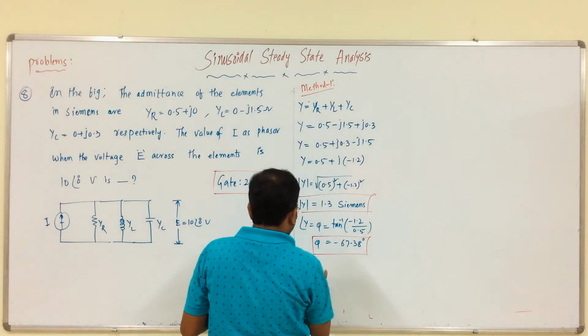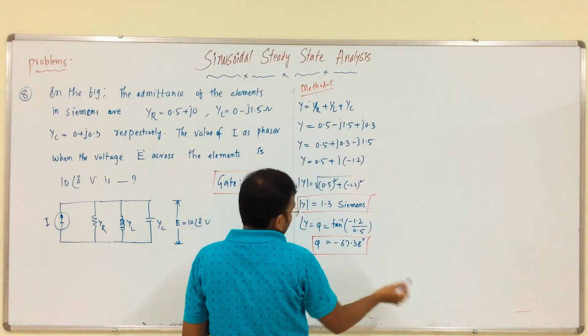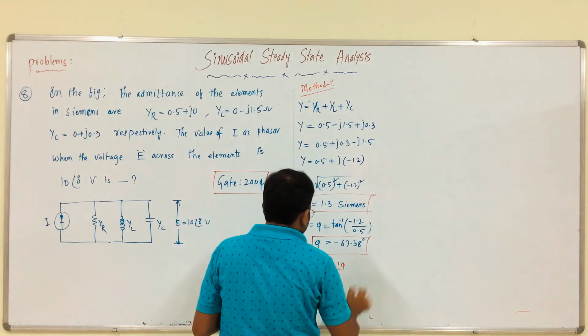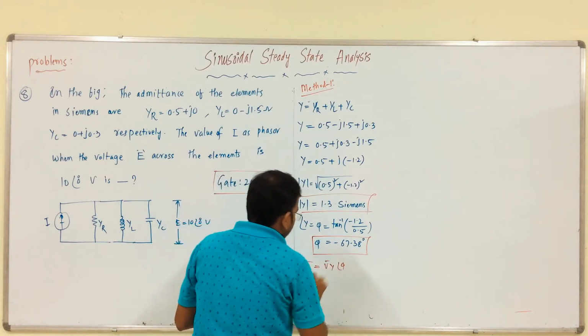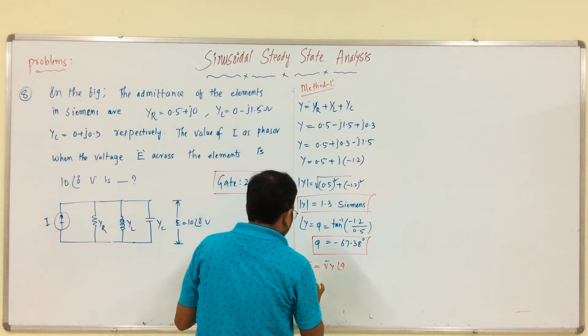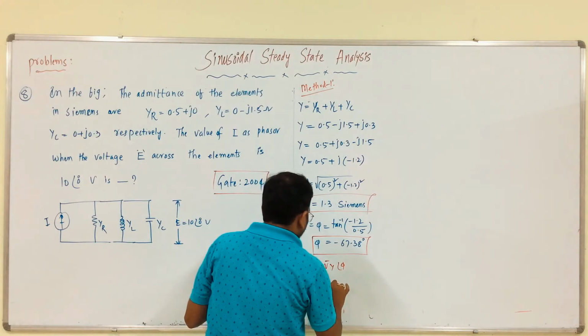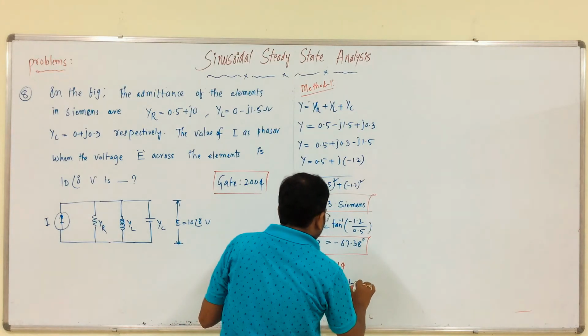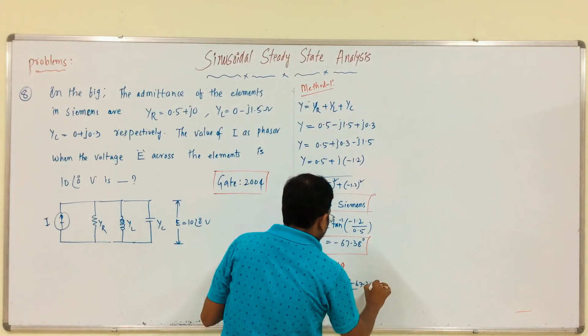We all know that I as a phasor is nothing but V times Y at an angle phi, that is it. So V is 10 at an angle 0, Y is 1.3 at an angle minus 67.38.